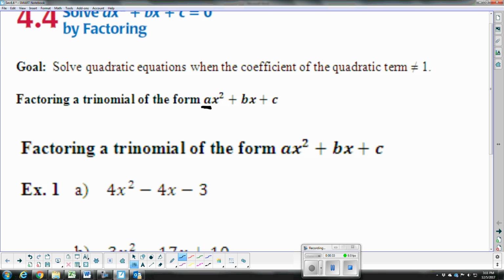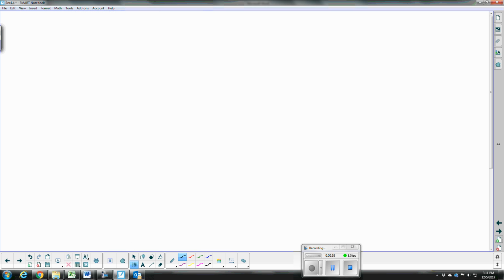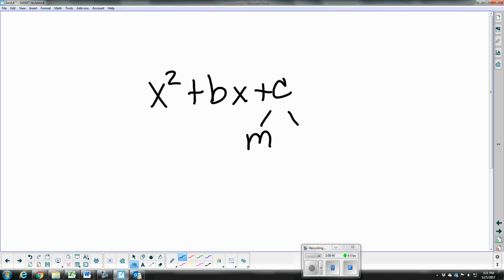So we had x squared plus bx plus c, and we found two factors of c, and we called them m and n, and our goal was that m plus n equaled our b term. And then we could use those to factor.